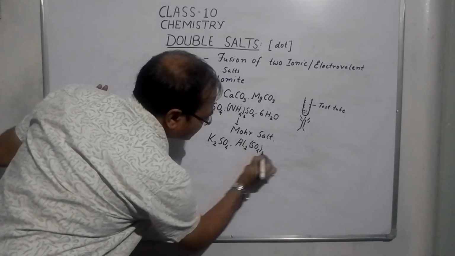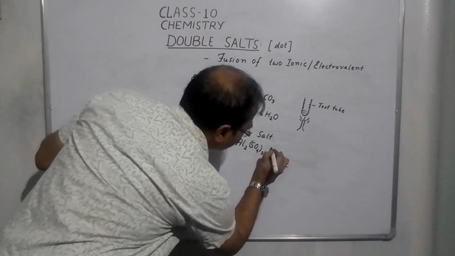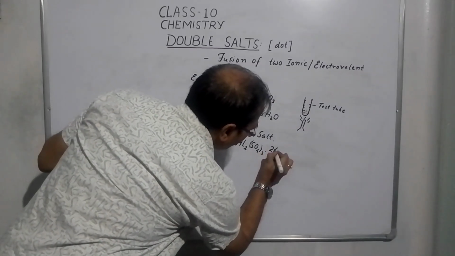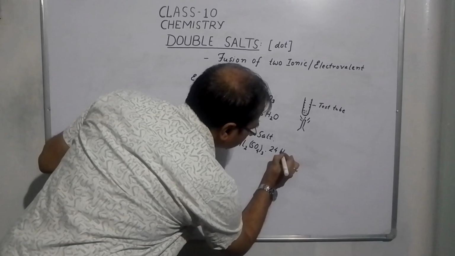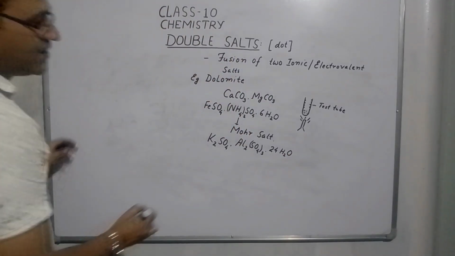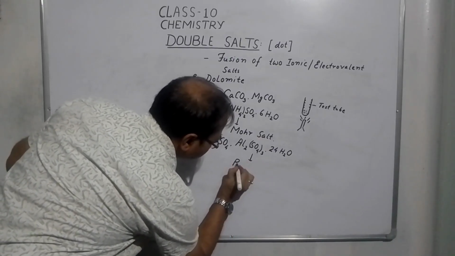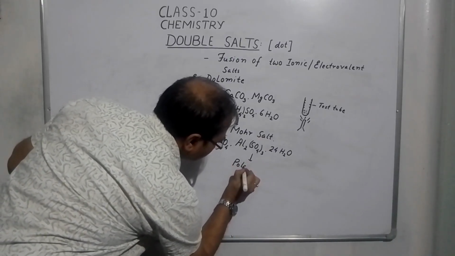So here will be dot 24 molecules of water. See, just imagine, 24 molecules of water. And this is known as alum, or the potash alum.